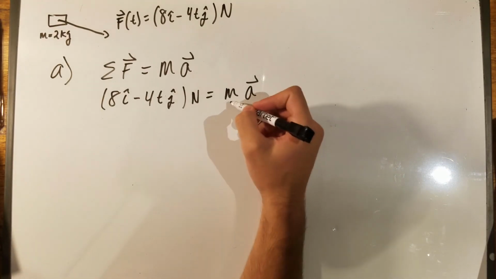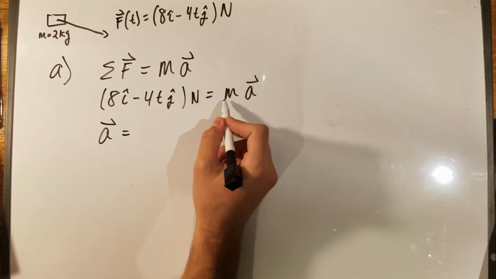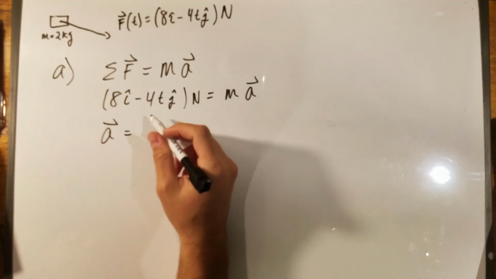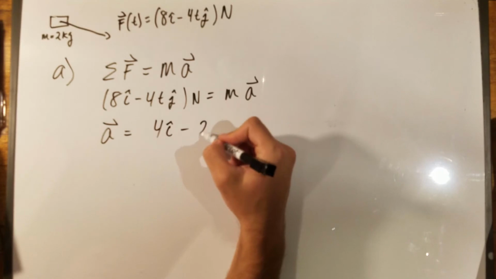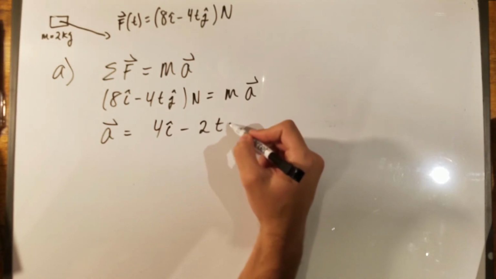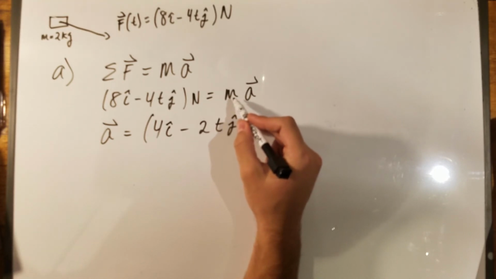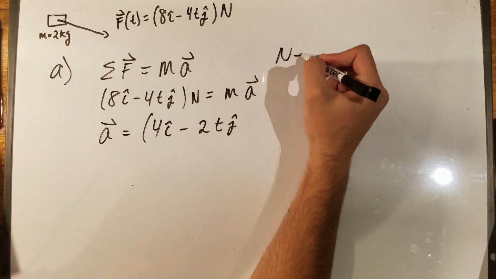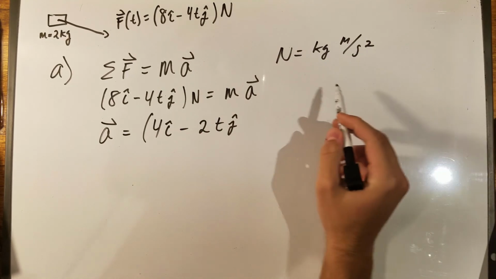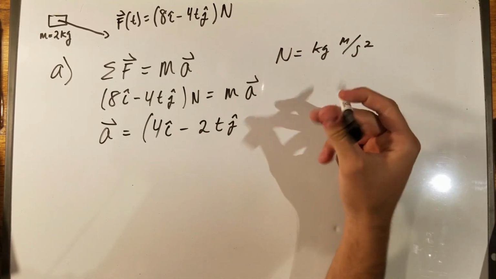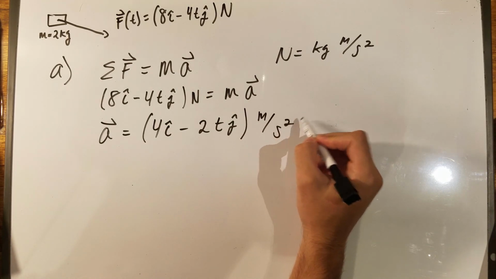If we divide by m, which is 2 kilograms, we get the acceleration to be 4i hat minus 2tj hat. And because we divided by kilograms, and newtons are kilogram meters per second squared, this cancels out and we just get meters per second squared.